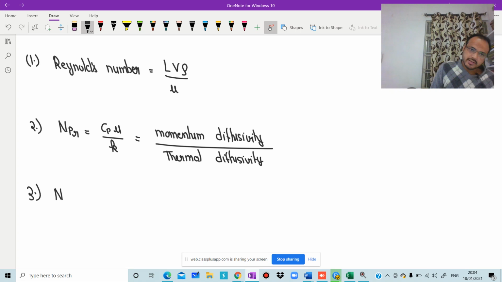Third one is Schmidt number. Schmidt number is mu by rho into DAB. That is the momentum diffusivity by mass diffusivity.